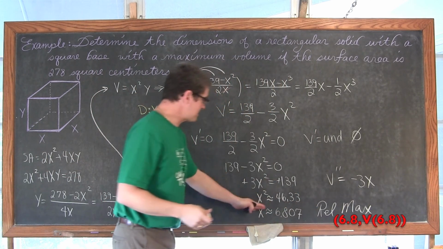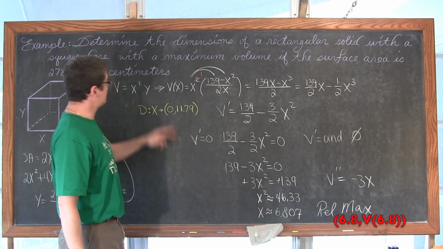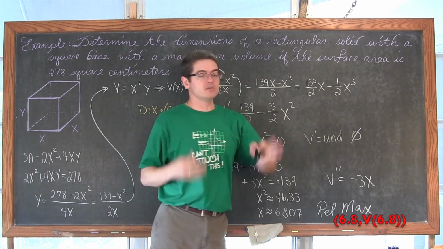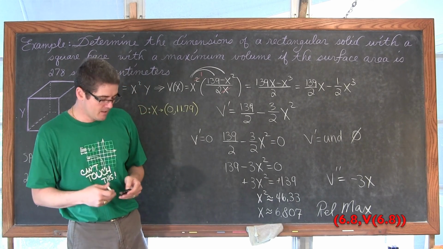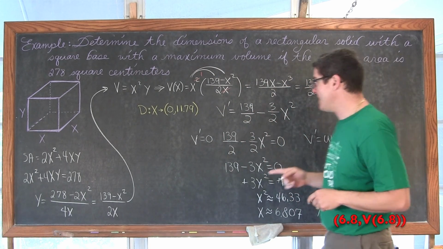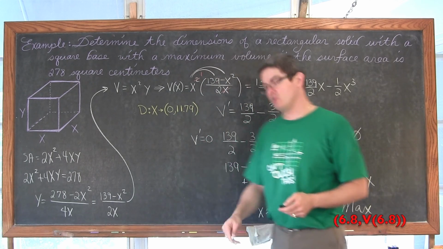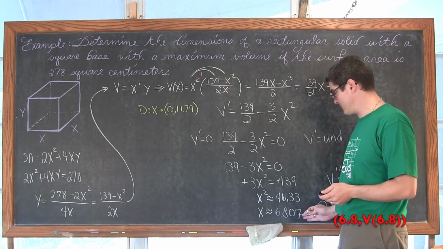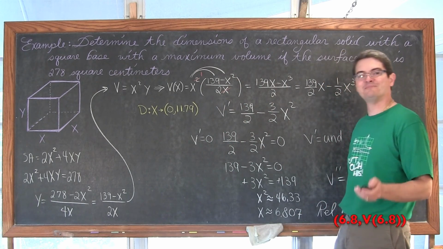So this is it. If I want to find the maximum volume, I can go ahead and plug it back into here and see what that solution comes out to. But we were just asked to find the dimensions. So what do we have here? Well, we had that y was equal to (139 minus x squared) over 2x, and we have the approximate value for x. So let's plug it into the formula and see what it comes out to.